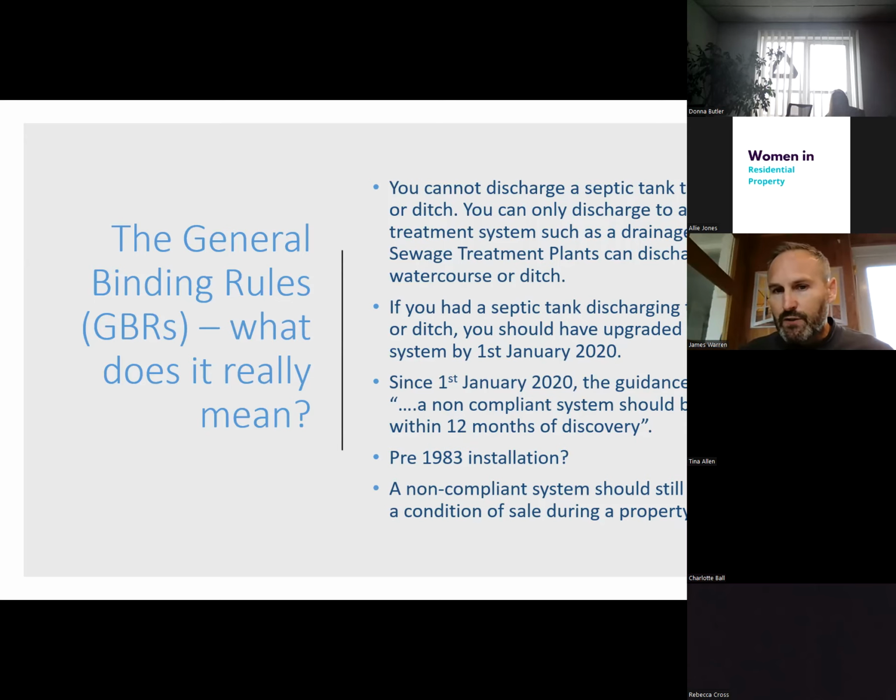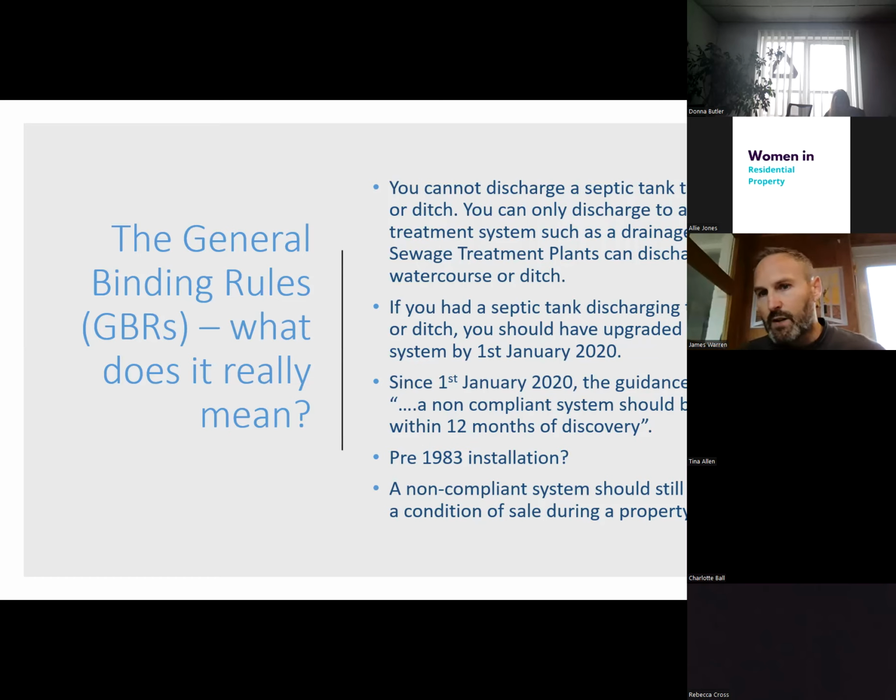Also, there was the introduction of a pre-1983 rule, whereby the British standards surrounding wastewater plants in England were only introduced in 1983. So any system that can be proven to be installed before 1983, if it's still performing as expected and not polluting, they effectively don't have to adhere to the general binding rules purely because of the age of the installation.